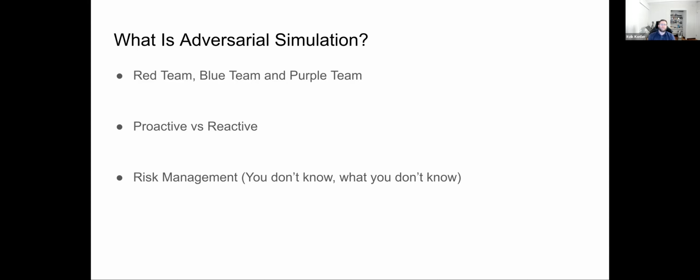Information security is a department of how. How would the business conduct all these operations in a way that it will protect itself?